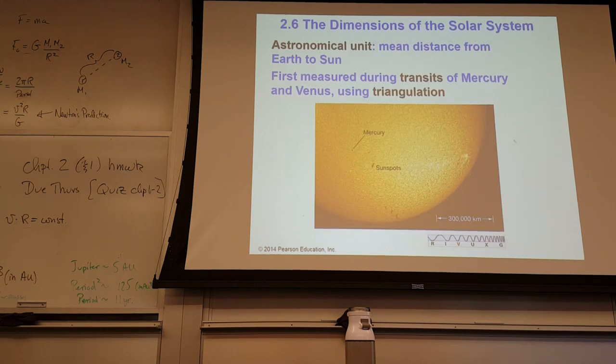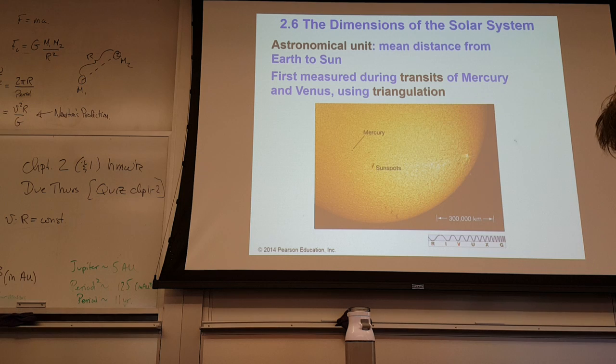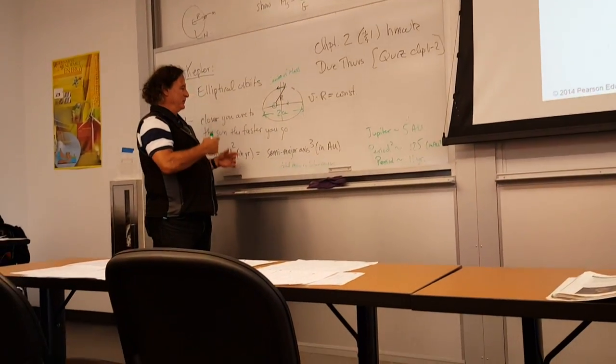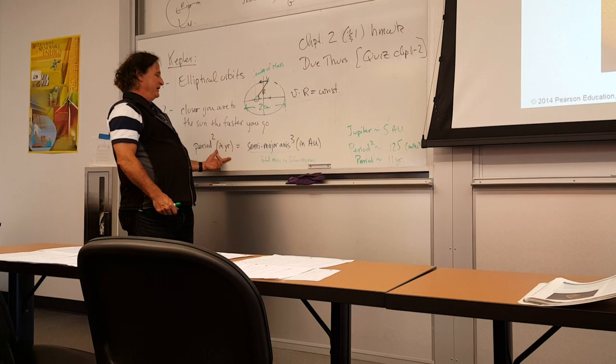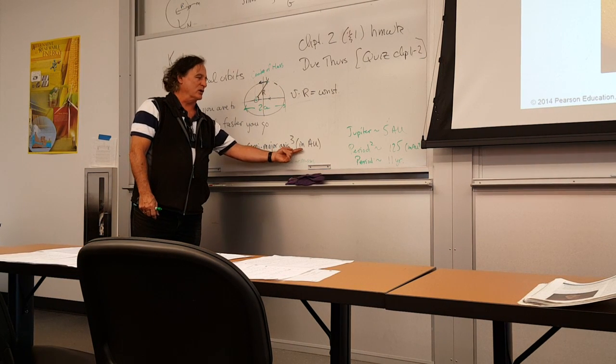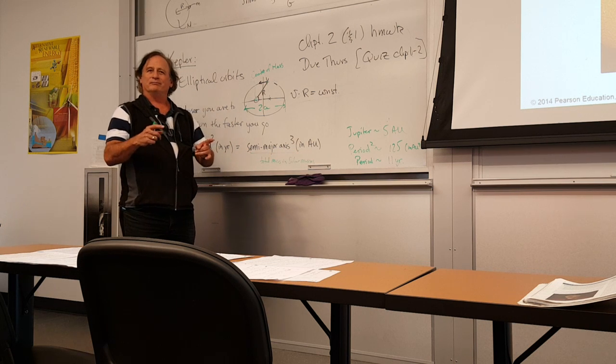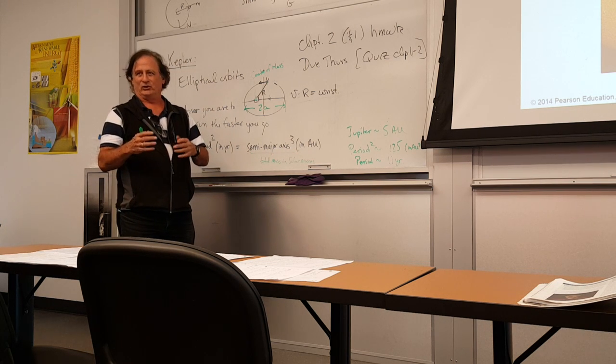I mentioned this before, I think. Kepler understood the relationships of everything in terms of AU and years. We knew how long a year was, and we knew orbits of planets in years. We knew it was in terms of the Earth's 1 AU, but to get 1 AU, people needed some other measure.